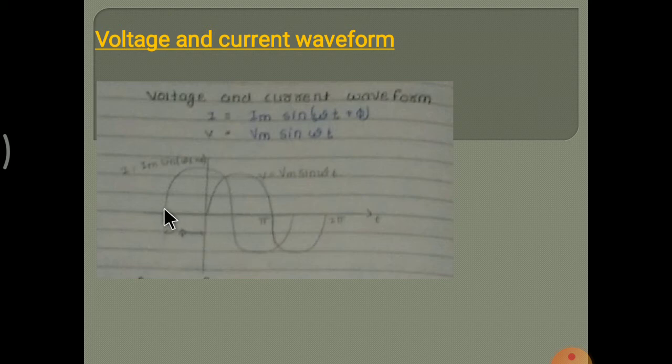This is the phase difference phi. The current waveform starts by phase difference phi before the voltage waveform, so the current waveform is leading the voltage waveform. I is equal to Im sin(omega t plus phi). The plus sign indicates that it is leading the voltage waveform.